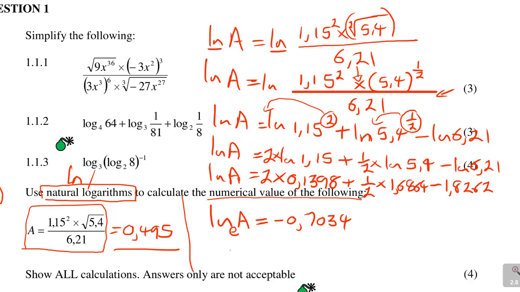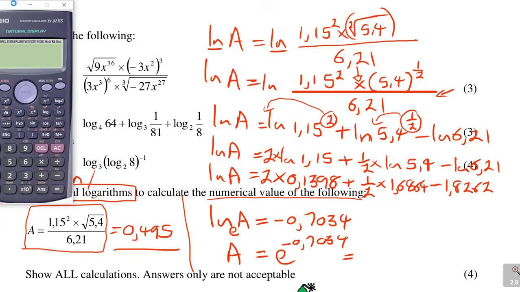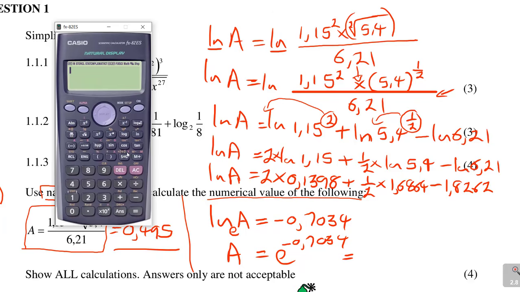So how do you get it? You say a is equal to e to the power negative 0,7034. That's how you write the final answer. Again, the calculator is your guide here. So how do you find the e?